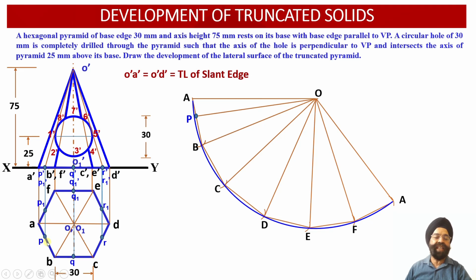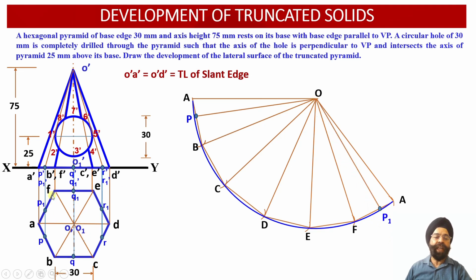So since this edge length AB is true length, once we measure the distance between A and P, we mark this distance over here into the development surface view. So now the location of the point P can be identified over here. Now we can join OP into the development surface view over here.